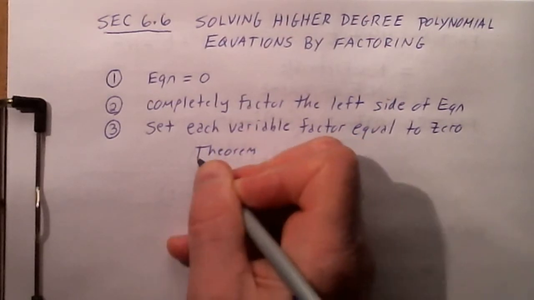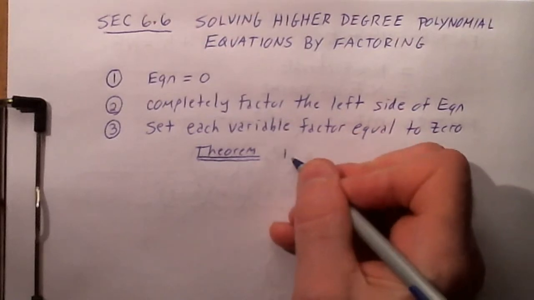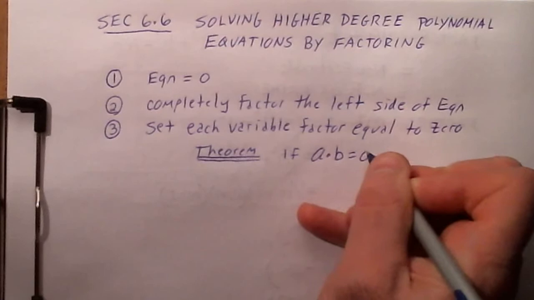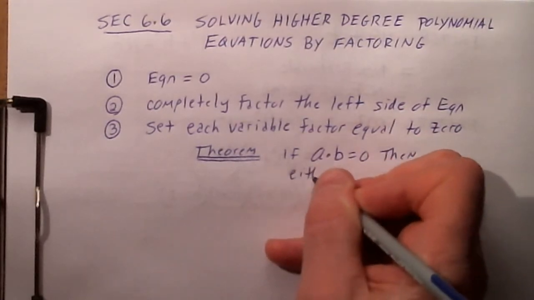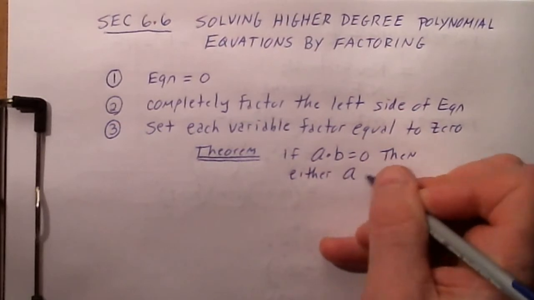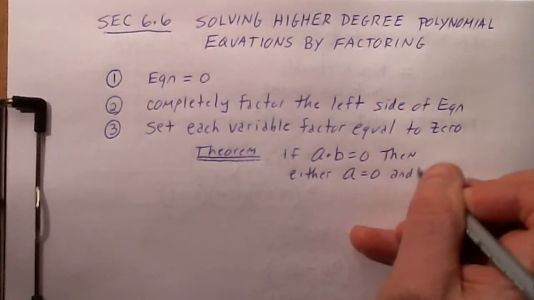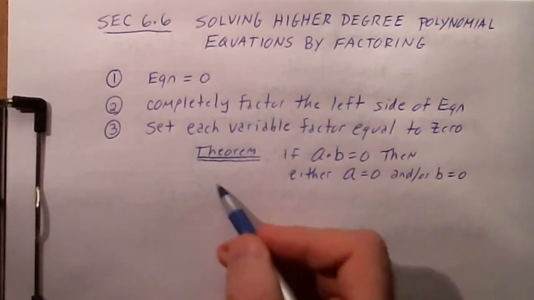A theorem is a proven valid statement in mathematics. This theorem says this: if A times B is equal to 0, then either A is equal to 0 and/or B is equal to 0.